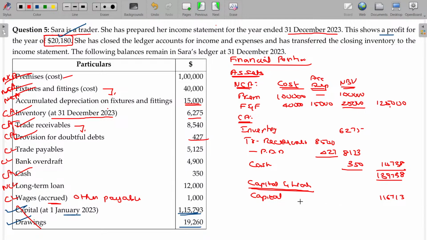Anyhow, you can give the breakup. Okay, how? Opening capital plus profit minus drawings. That's how you can show it properly also, no problem.